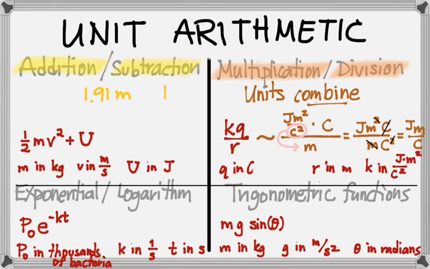That meter stick is presumably 1 meter long. Then the total height that I can reach is the sum, 1.91 plus 1 meters. Now, that numerically is going to be 2.91, but what are the units going to be? If I add 1.91 meters to 1 meter, I'm going to get 2.91 meters.